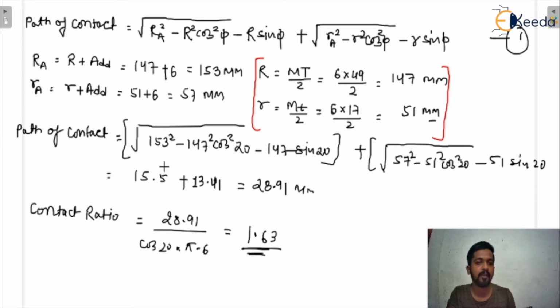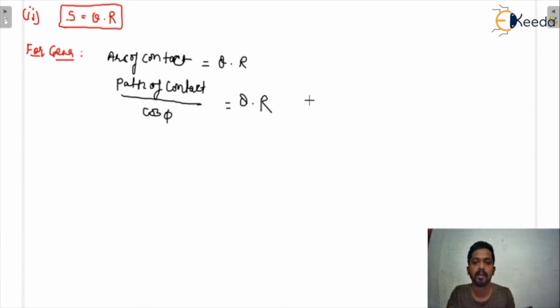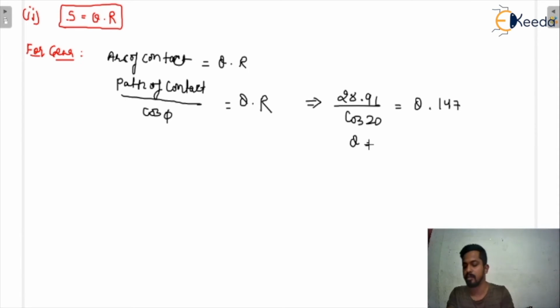Path of contact we have calculated as 28.91. So I am going to write here 28.91 upon cos of 20 is equal to theta, that is the angle turned by the gear, into radius of the pitch circle for the gear, which is 147. Now you can calculate theta from here.